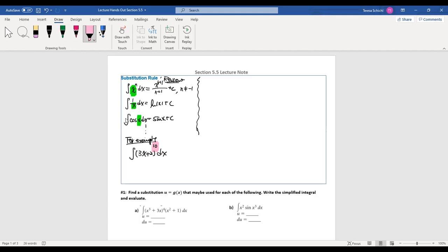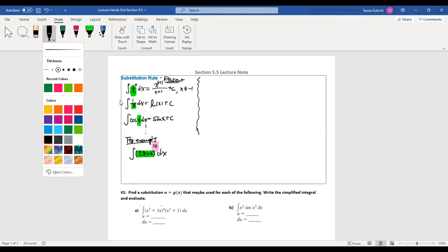But the problem is that inside is not just x. If I could just apply the power rule, it would be easy: (3x+2)^11 over 10+1, which is 11. But the problem is that it is 3x+2, not x, so I cannot apply what I learned.